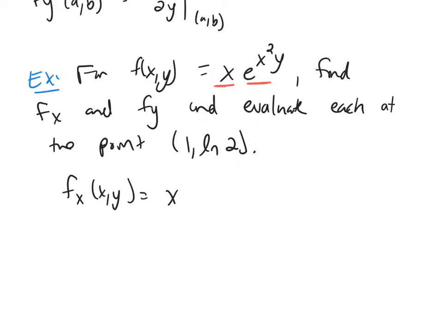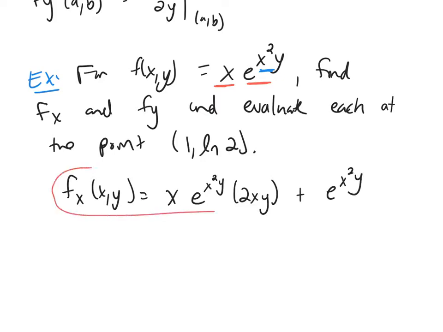Well, the derivative of e to the x squared y will be e to the x squared y, and then you take the derivative of your exponent with respect to x. So that would be 2xy. And then you flip it, take the derivative of x, which is 1, and then copy the second one down. So there's my partial derivative with respect to x.